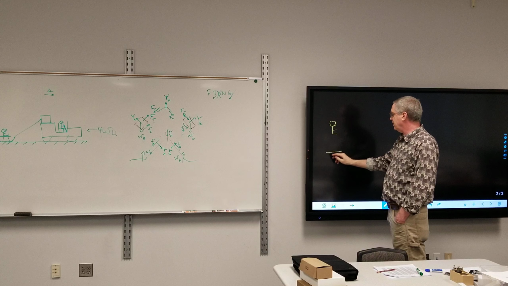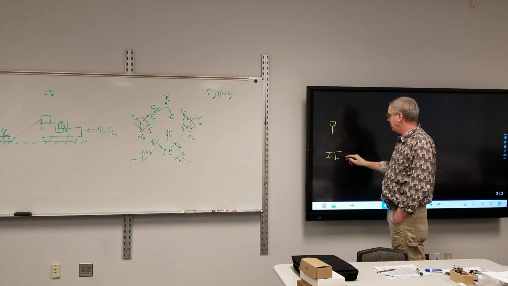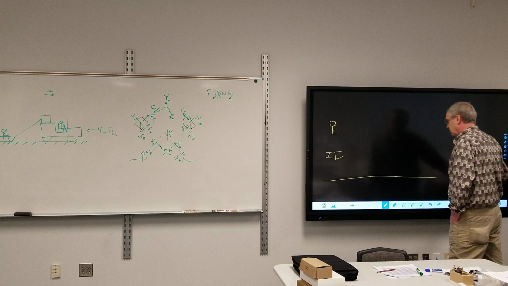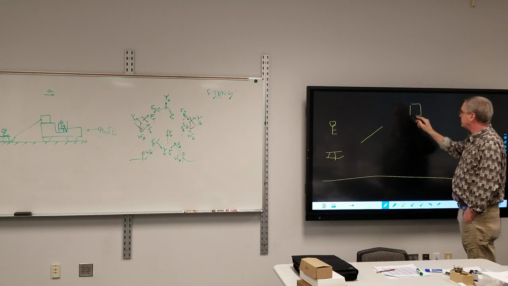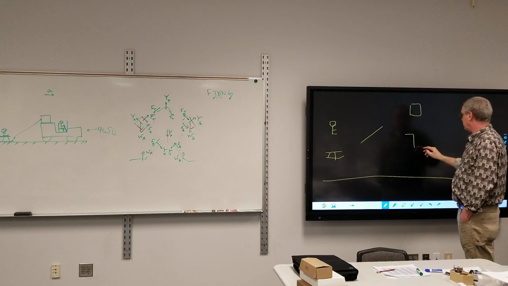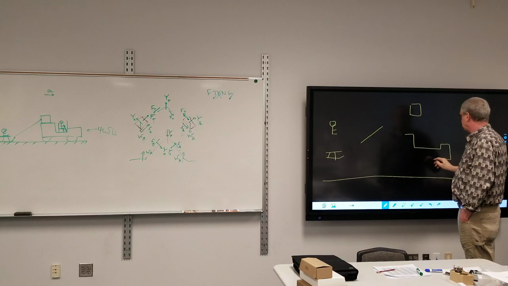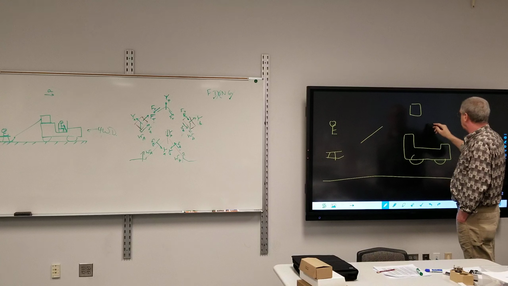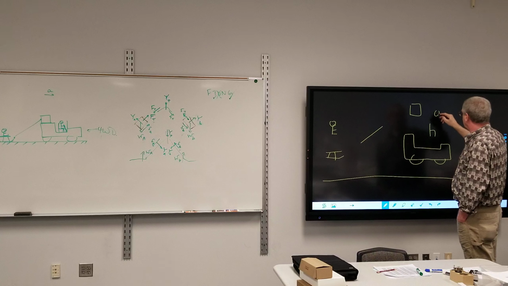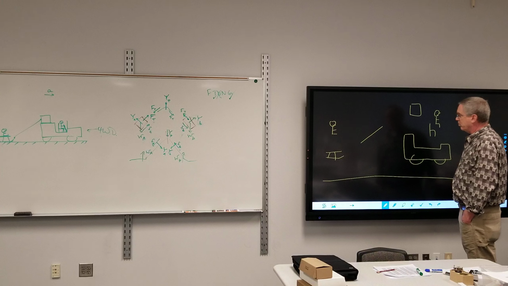We'll have sled. We'll have ground. We have rope. Box. Vehicle. Chair and driver. Or my scenario, dad.